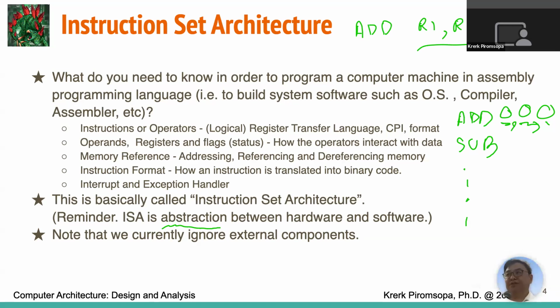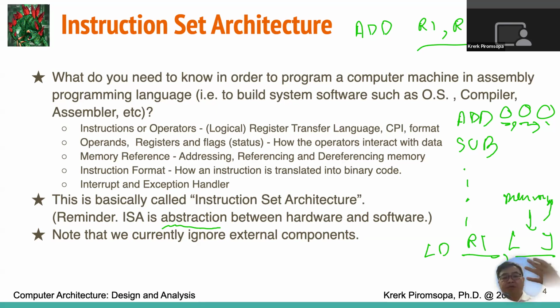Instructions and operands. They can be registers, memory, some constant number, maybe. And what else? You would see memory addressing. It's like when you say load what into what. Maybe this is a register, but this would be a memory address. That's the basic idea of how you would program a processor.